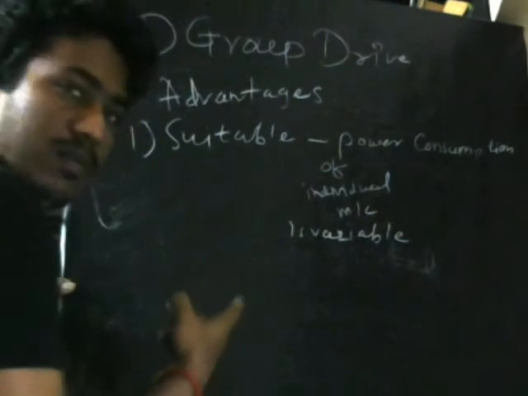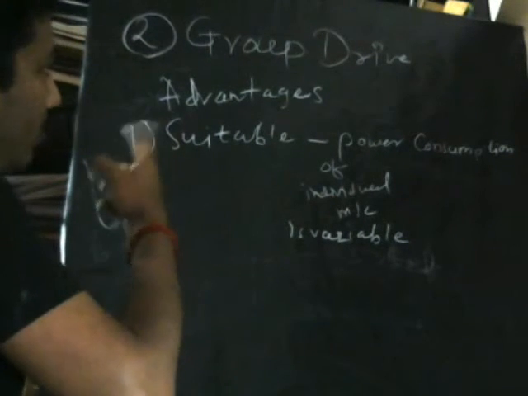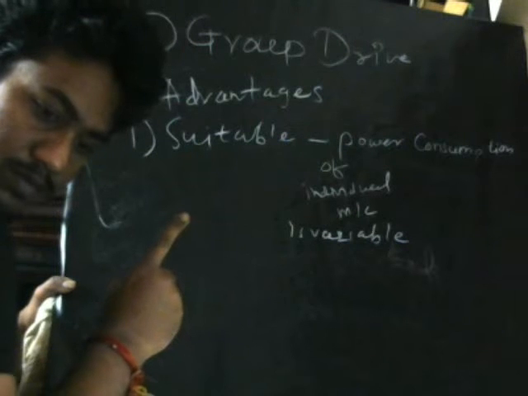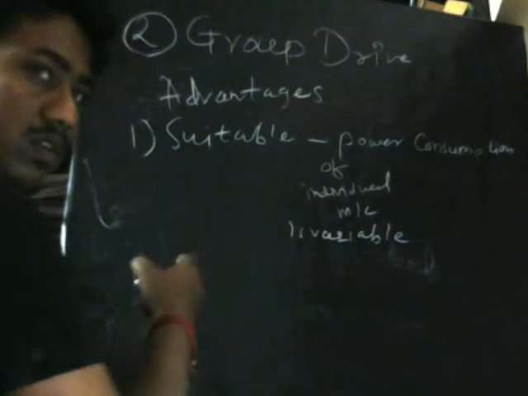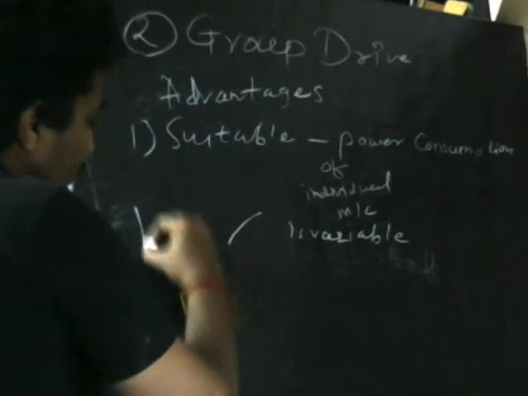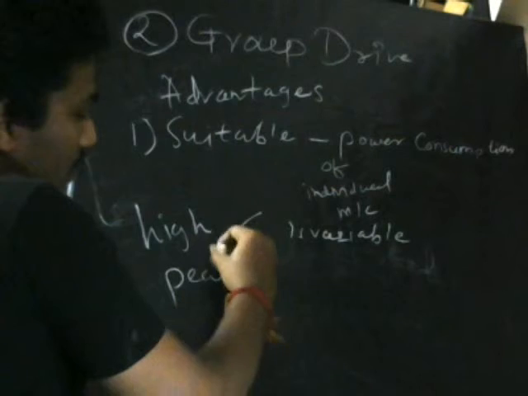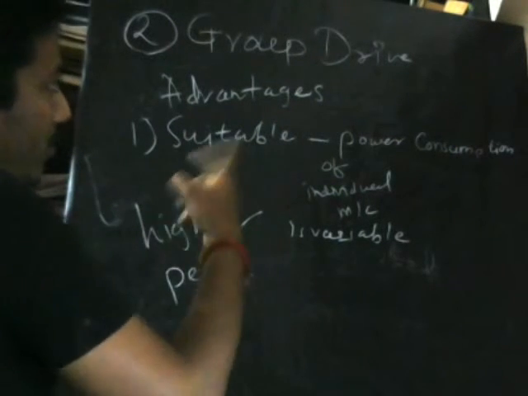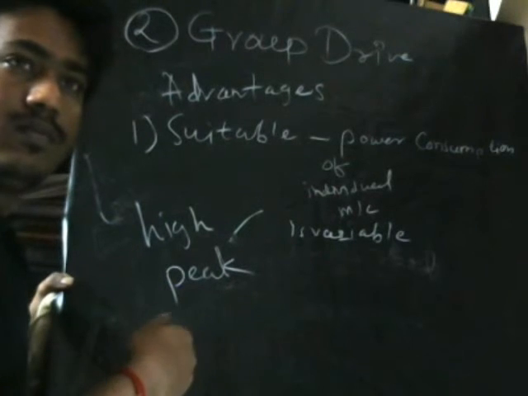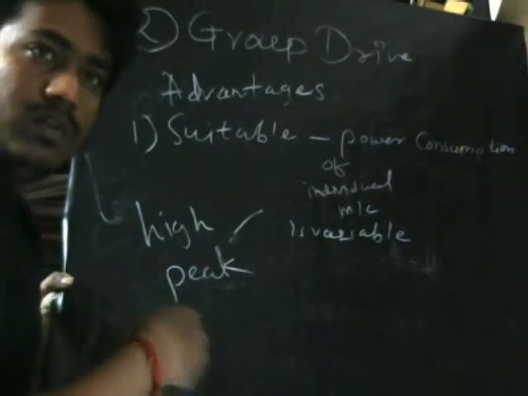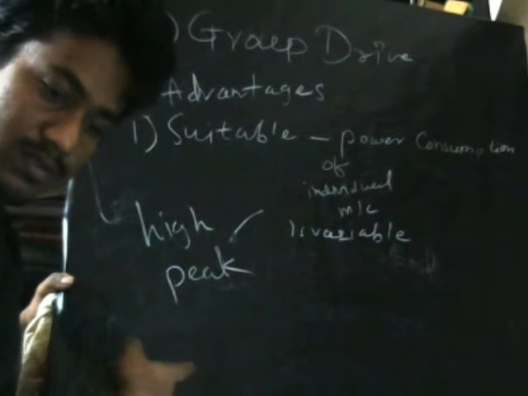When it becomes variable, then we need group drive, because it is having high peaks. We need maximum power for driving. I mean, our requirement is much power that is provided by group drive. Therefore, we are using this.